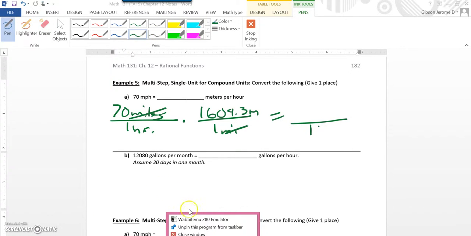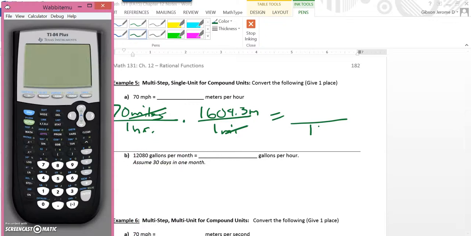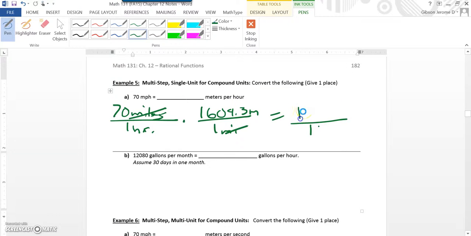So we'll call up our calculator, and we would type that in. We would take 70 times 1,609.3. And that would give us 112,651.